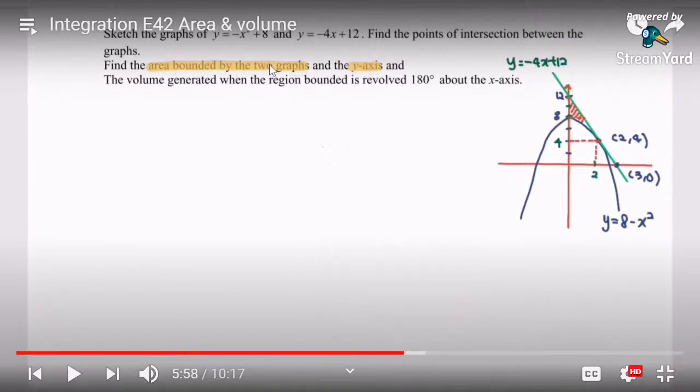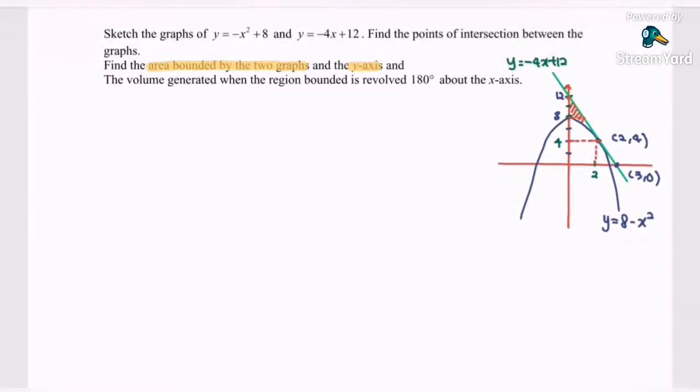Okay. So now we want to find the area bounded by the two graphs. If you observe carefully, from here, from 4 to 8, it is a region involving two graphs. Then 8 until 12, it only involves one graph. Okay, so you must write the function correctly. The area bounded by the two graphs and the y-axis. So here, our formula will be integrate from 0 to 2.